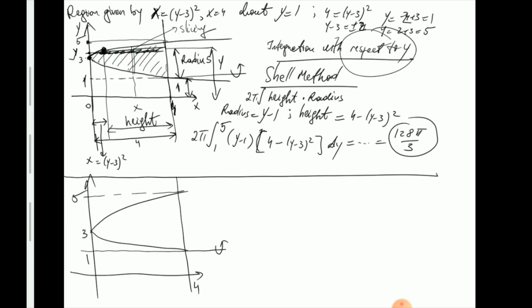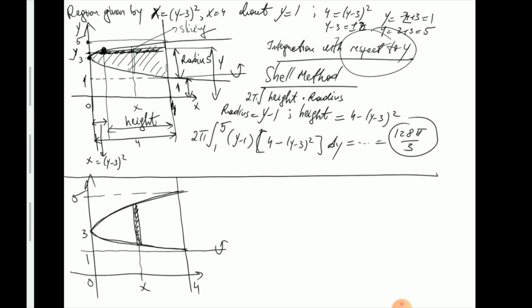Okay, with the slicing method, if you want to integrate with respect to x, things are a little bit trickier. Now, notice if you use the slicing method, the typical slice corresponds to an x coordinate which is now between 0 and 4. I'll have to think about outer radius and inner radius, but those are given by these two branches of the parabola.